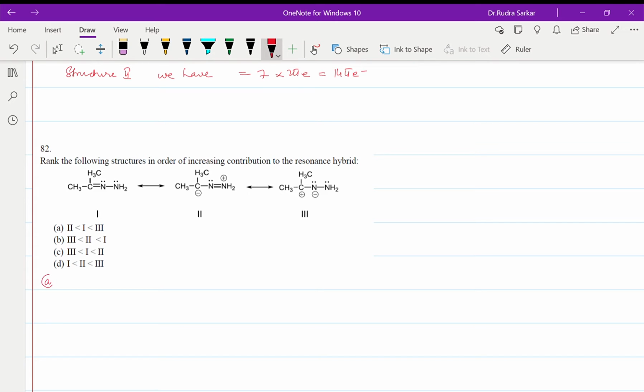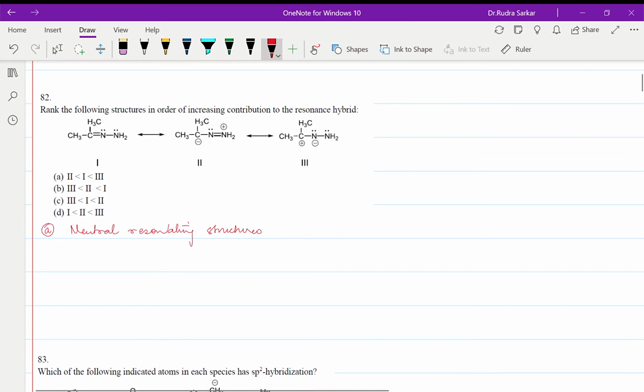Theory is neutral resonating structures contribute more to the resonance hybrid than charged resonance structures.